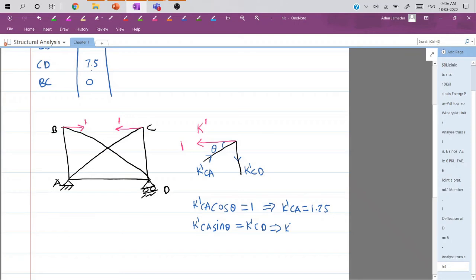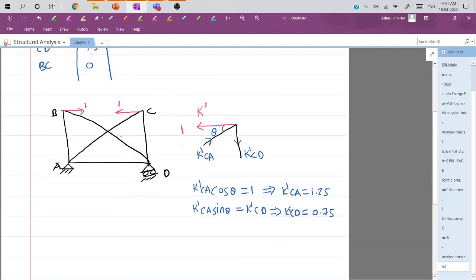So K dash CD is going to be 0.75. We will show that in this diagram also. K dash CA magnitude is 1.25, compressive, and K dash CD magnitude is 0.75, tensile.